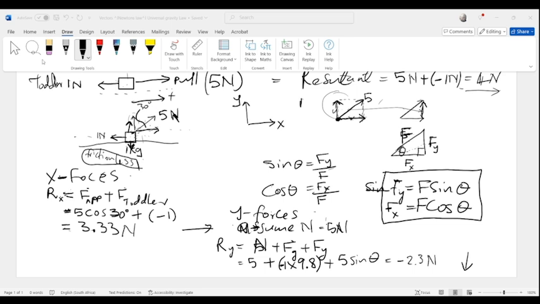These are the typical forces you're gonna get in the exams. Let me draw a free body diagram. You always gonna be asked to draw a free body diagram in any exam.